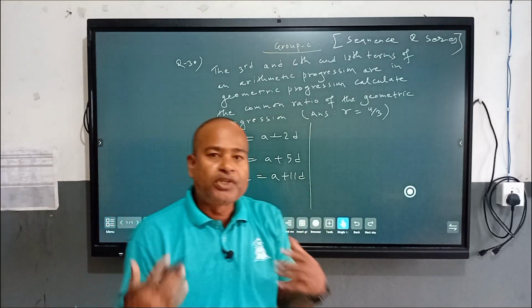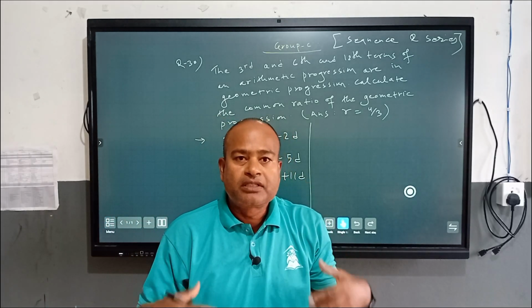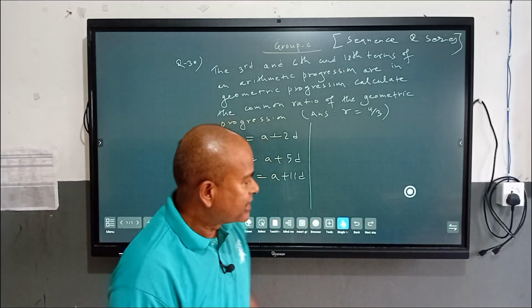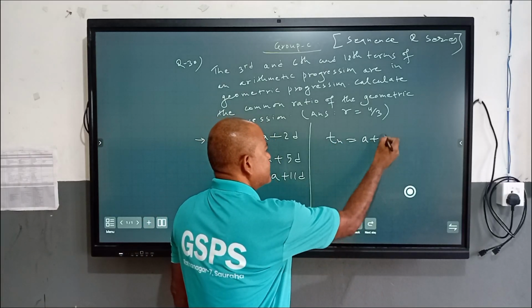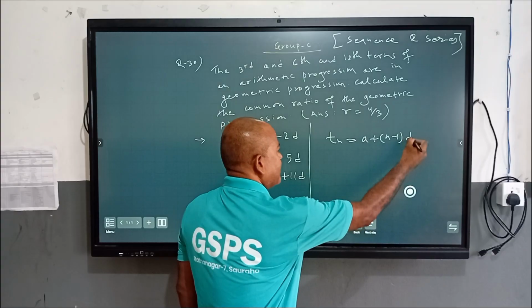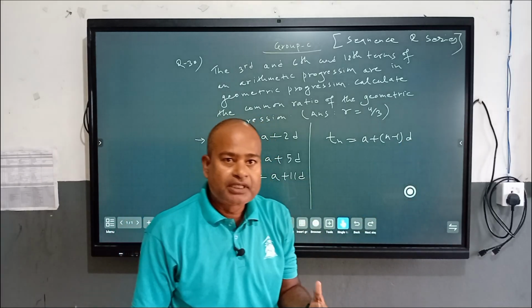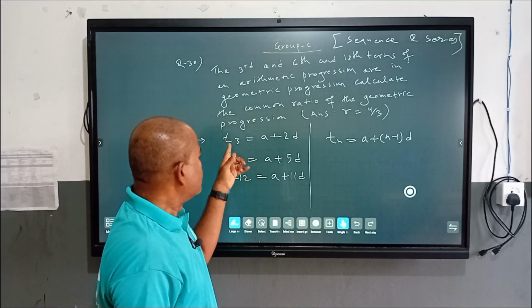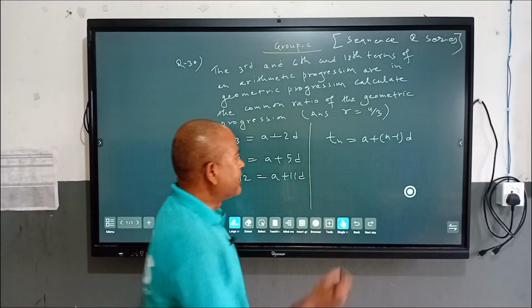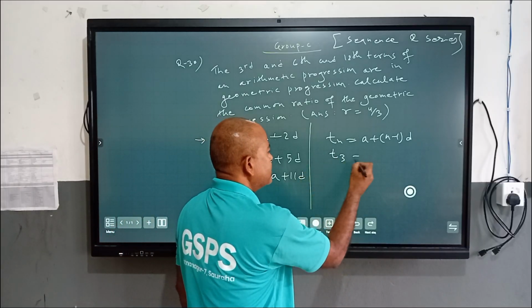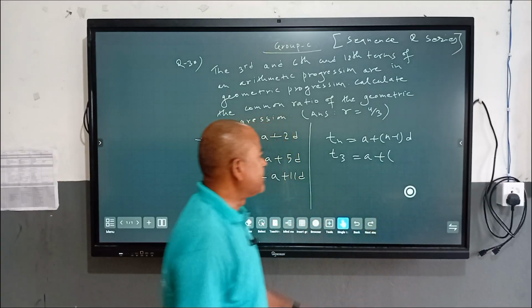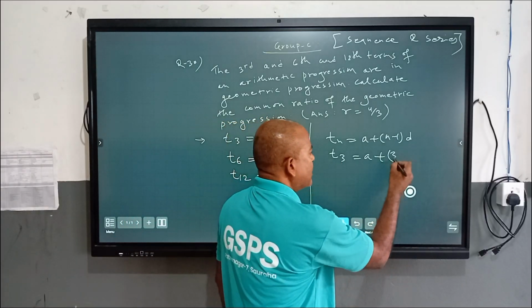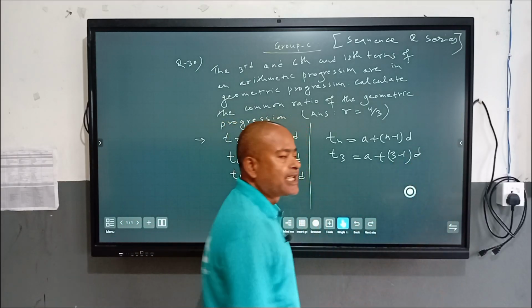Dear students, we know that the general term of an arithmetic progression is given by the formula Tn equals a plus n minus 1 times d. To get the third term, we have to put the value of n equals 3. Then a as it is, n means 3 minus 1 and d as it is.